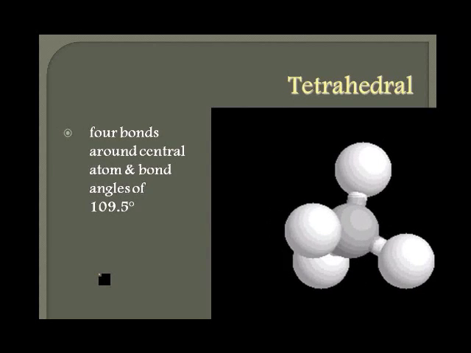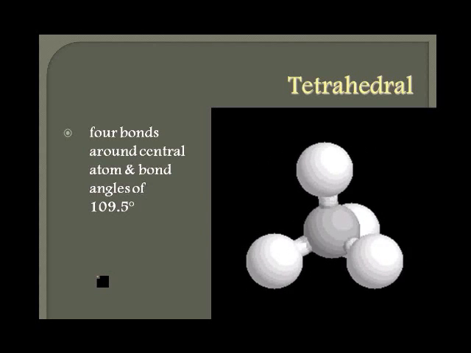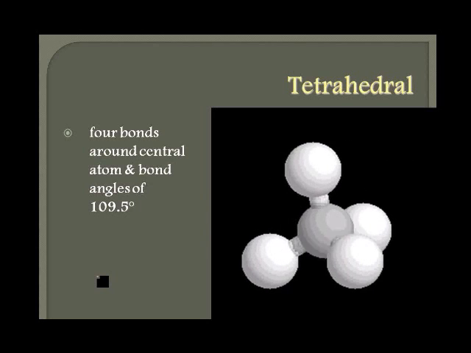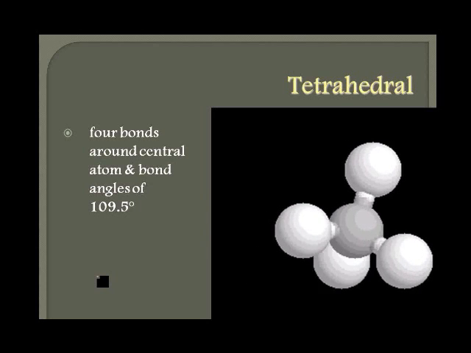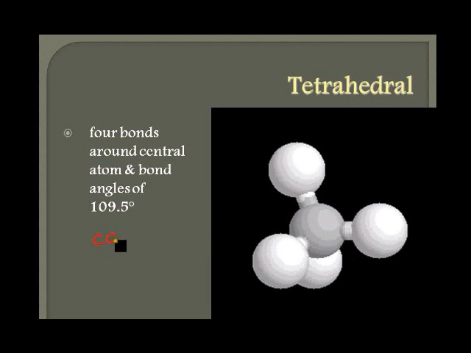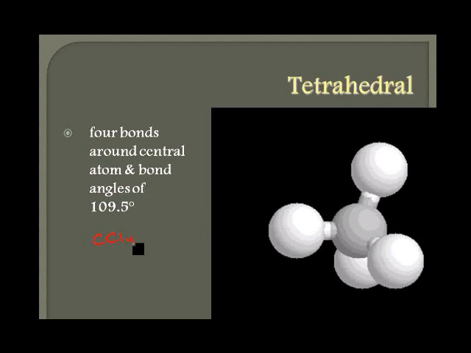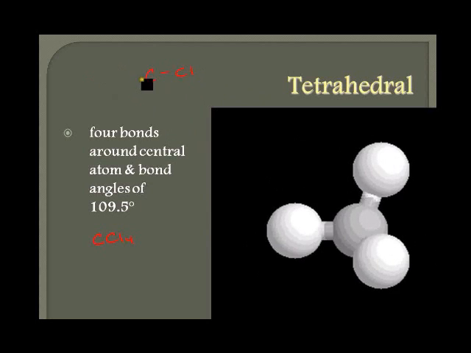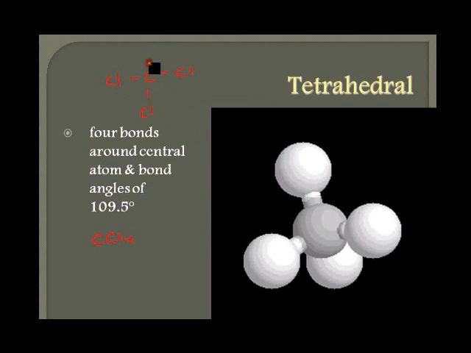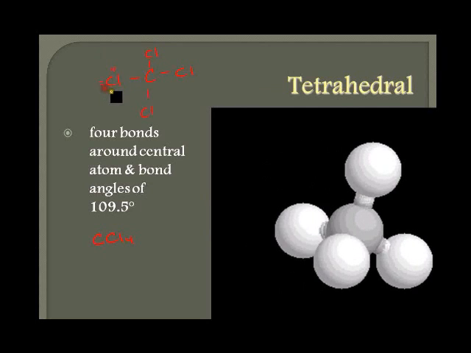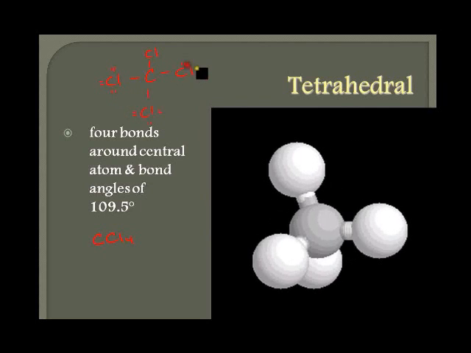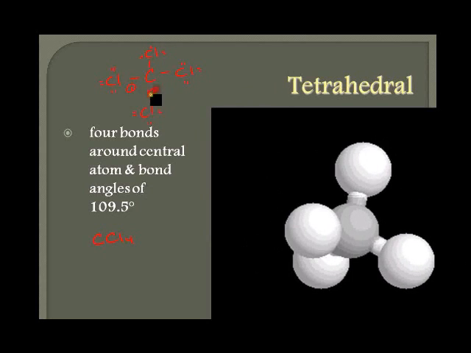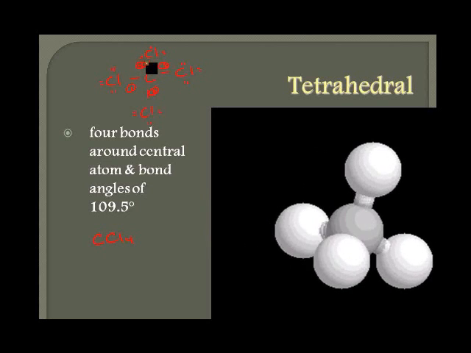If we have 4 bonds around the central atom, our molecule is going to be tetrahedral. We saw this when we looked at something like carbon tetrachloride. Carbon would be our central atom, the chlorines would be our terminal atoms, and we have 4 bonds, 1, 2, 3, 4, around the central atom.